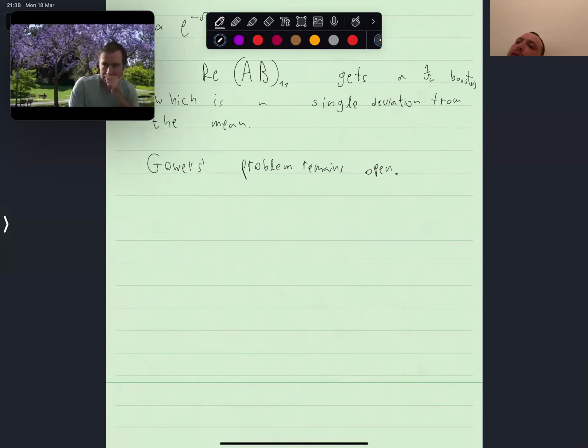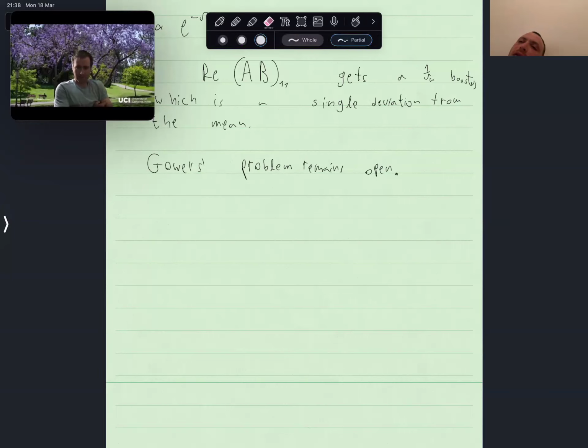Basically, the ideas are related to ideas from the Boolean cube. Gower's proof was based on ideas of Sarnak and Xue.